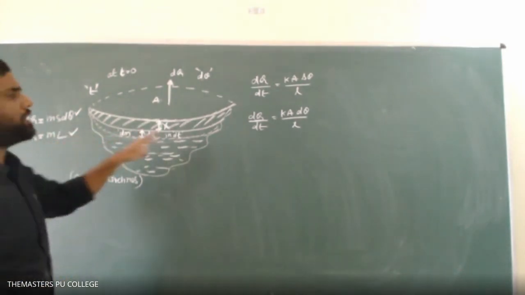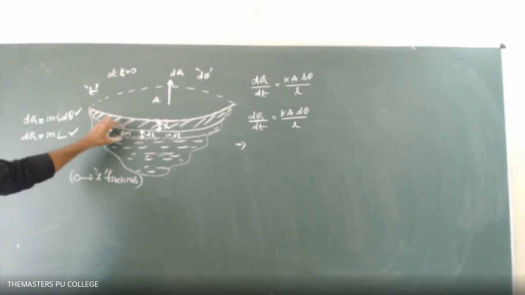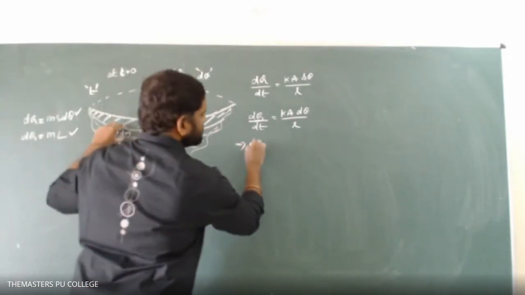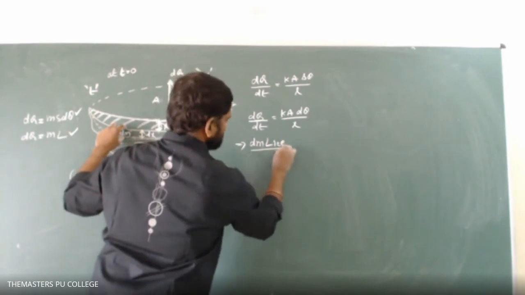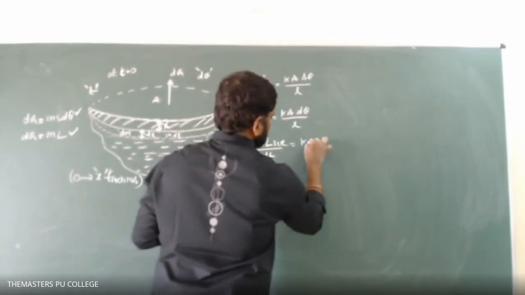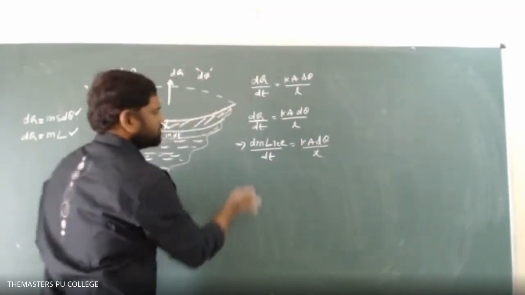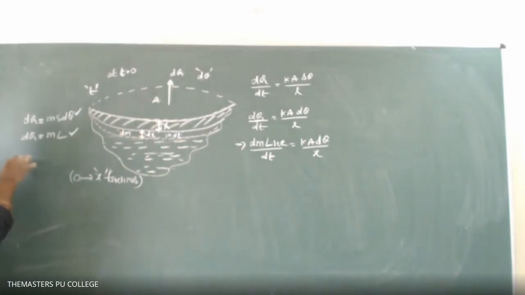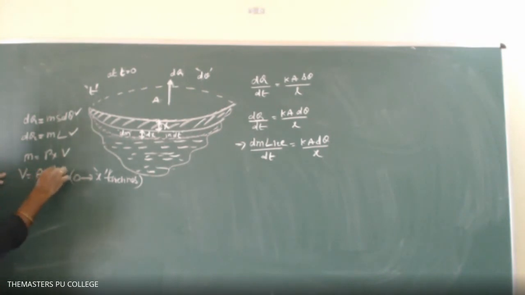So therefore, I can write dQ. How much mass is frozen? dm amount of mass is frozen. Then L, the latent heat of ice, divided by dt, equals KA delta theta divided by x. What is the mass formula? Mass equals density into volume, and volume is area into length.